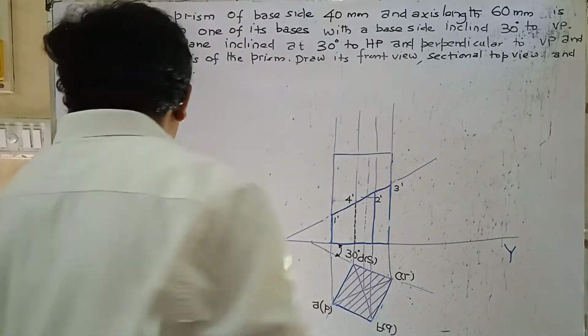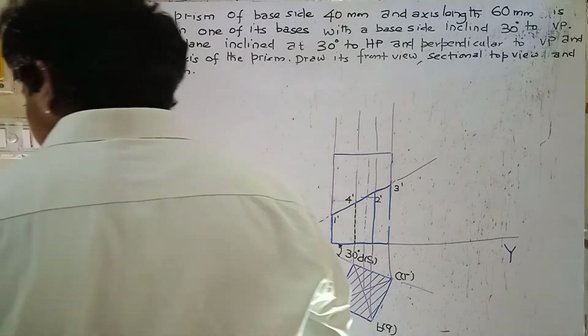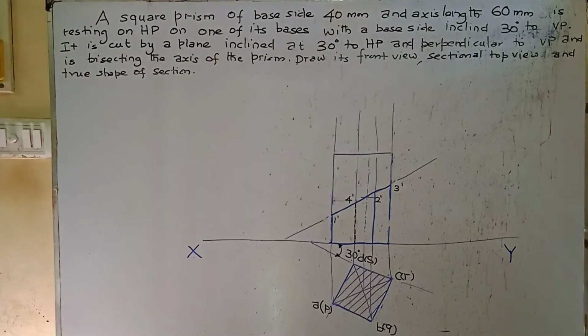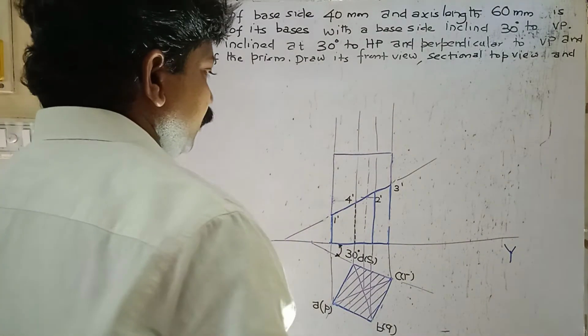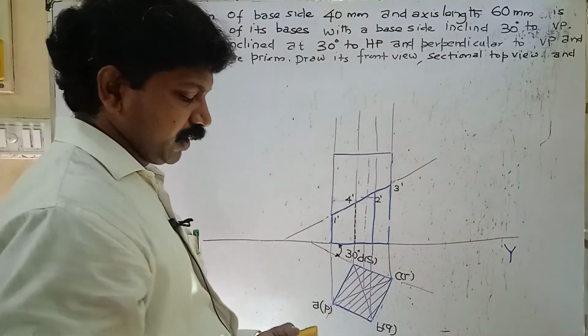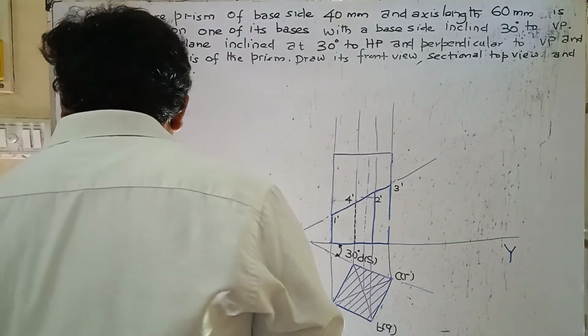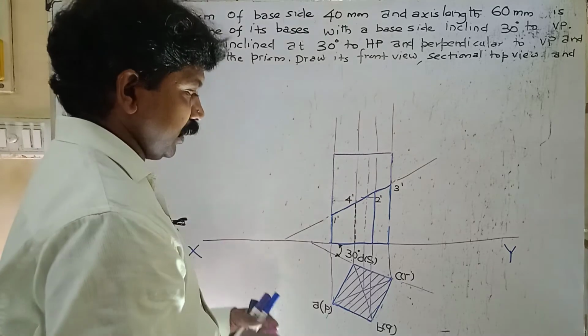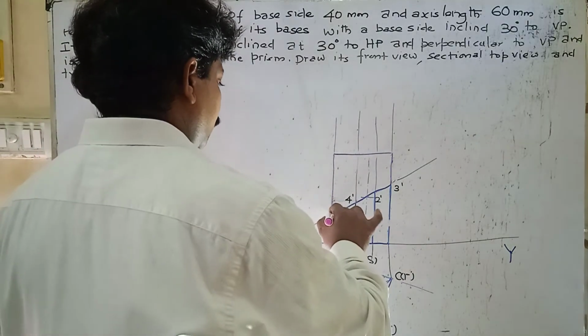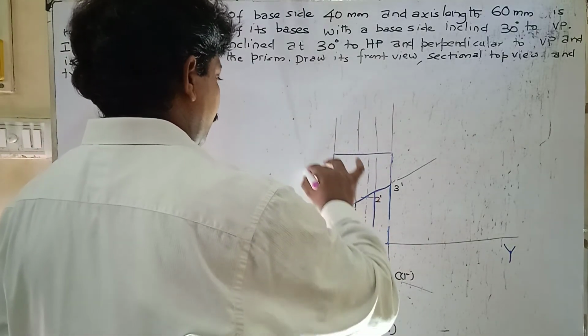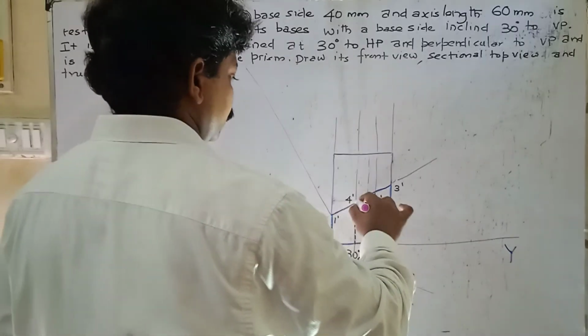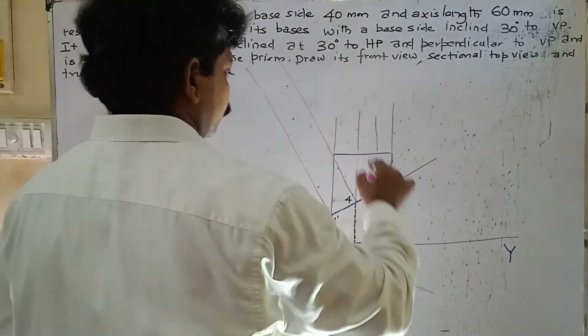Sectional top view over. Now how to draw the true shape of the section? Using 2H pencil, draw a perpendicular line from all the cutting points, perpendicular to the cutting plane.